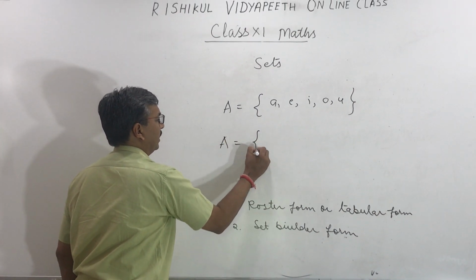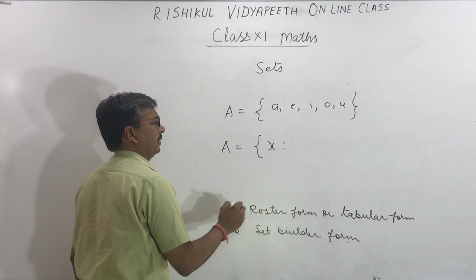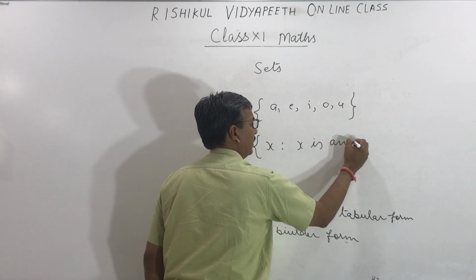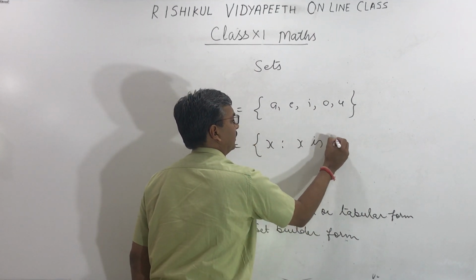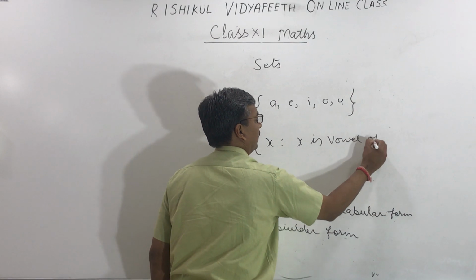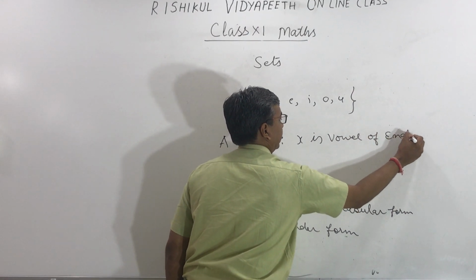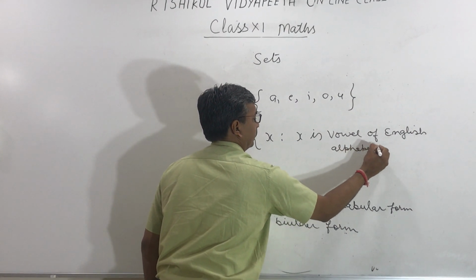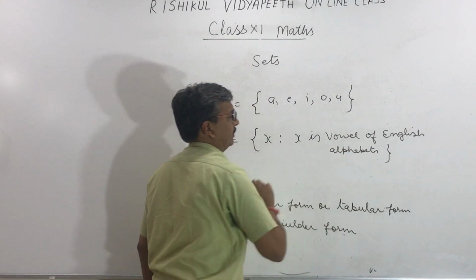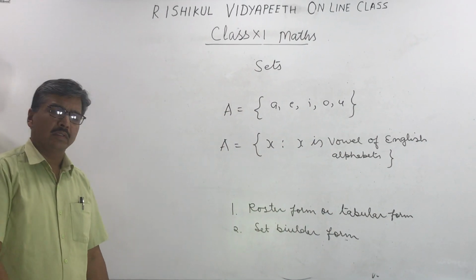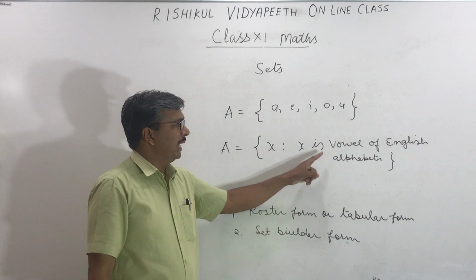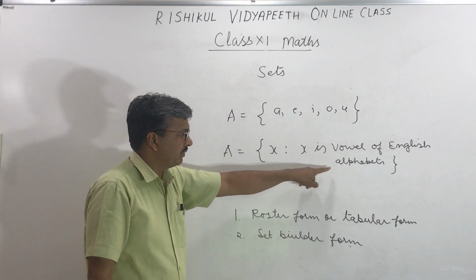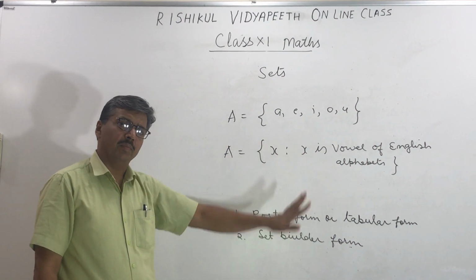Set A is written as x such that x is a vowel of the English alphabet. What have we done? We have written a common property of all these elements, and that's why this is set builder form.